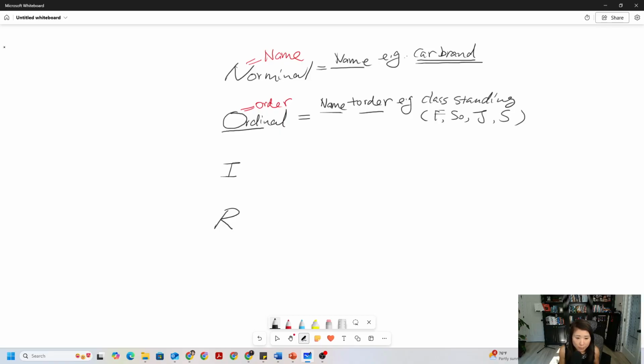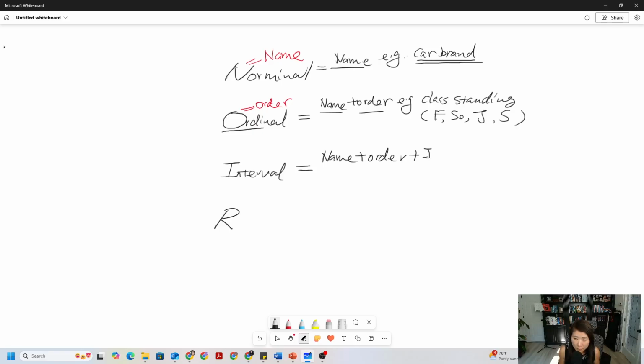Now we move on to the next, called interval. When we move on to the interval scale of measurement, we care about the attribute's name, and we also care about the attribute's order, similar to ordinal. But besides that, the difference between 2 attributes, that numeric value, has a specific meaning.